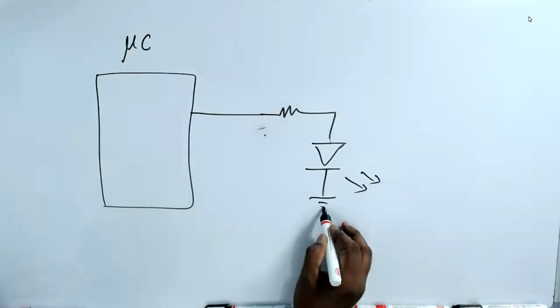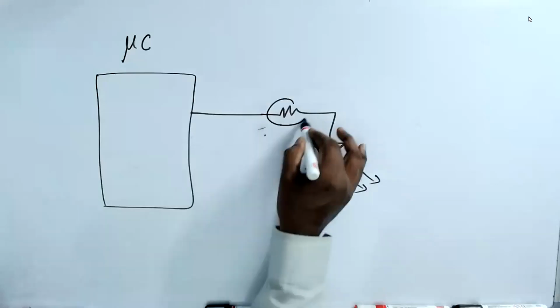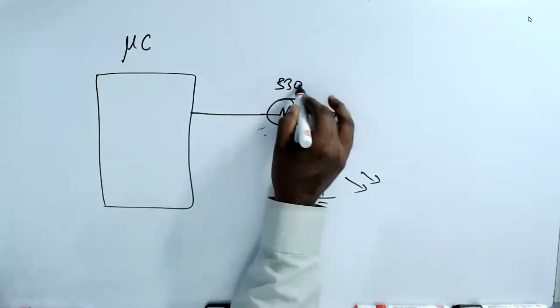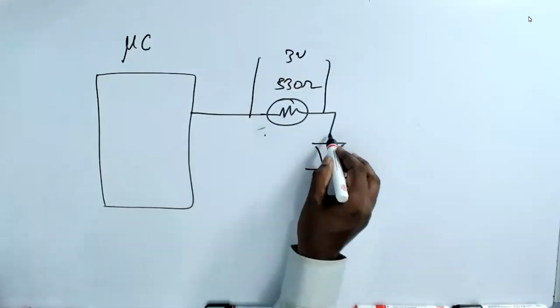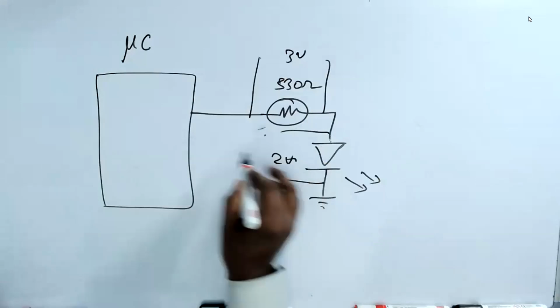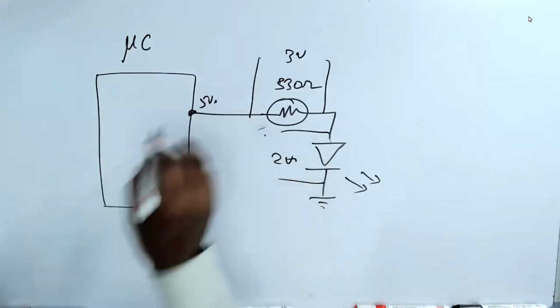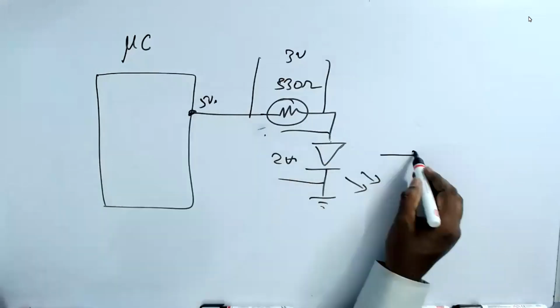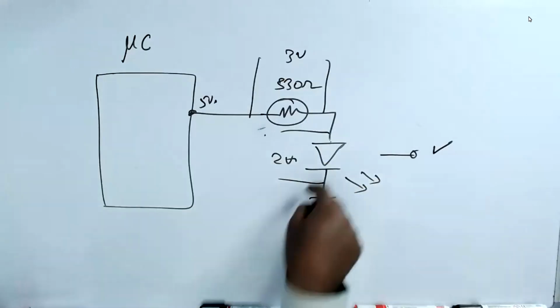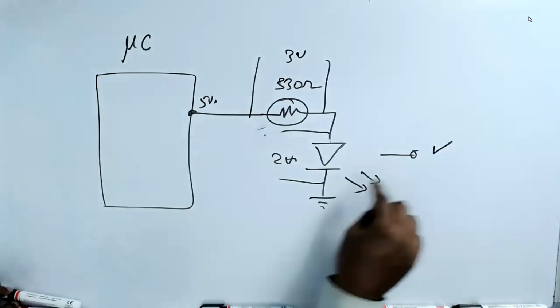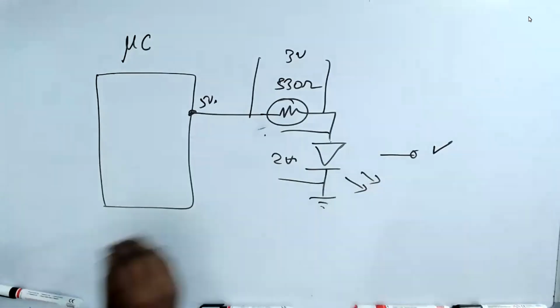This is a fixed 330 ohm, as we discussed, because 3 volts will get dropped here and this will be 2 volts. And I make the pin 5 volt. The LED will glow, you know that, because it's 5 volt and this is ground. So you get the LED to glow. This we have seen in wiring. We have also simulated. Both are the same.